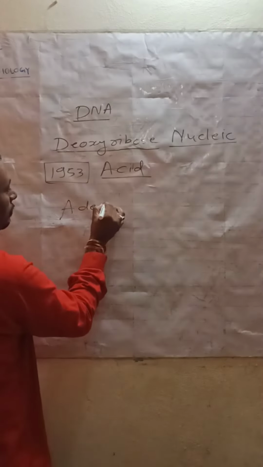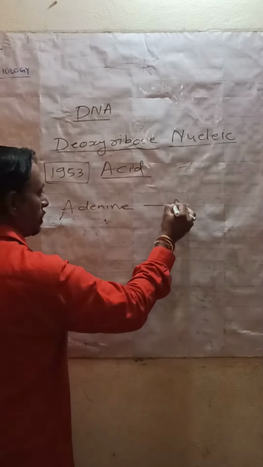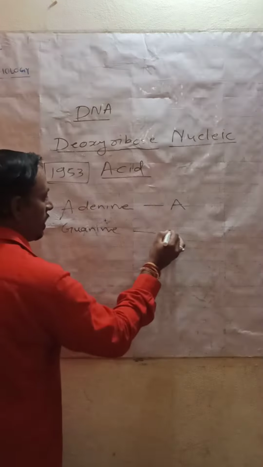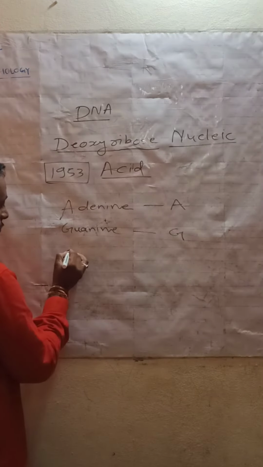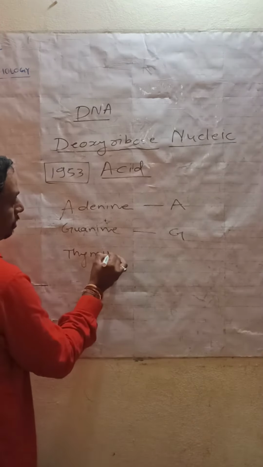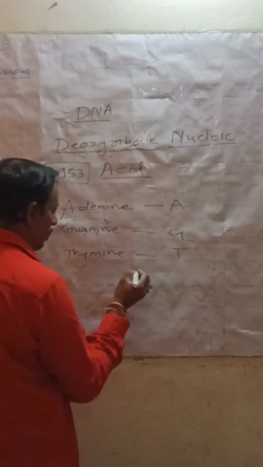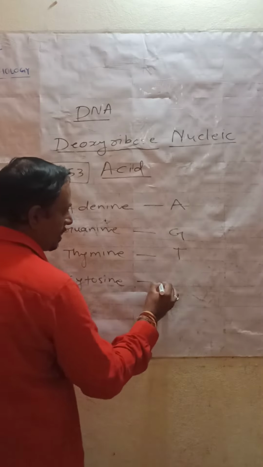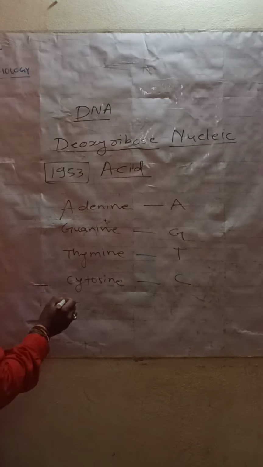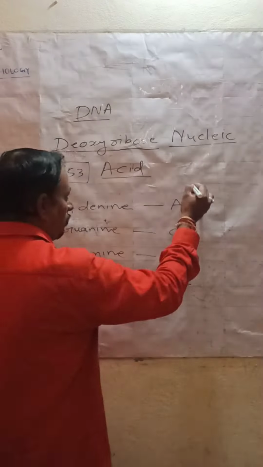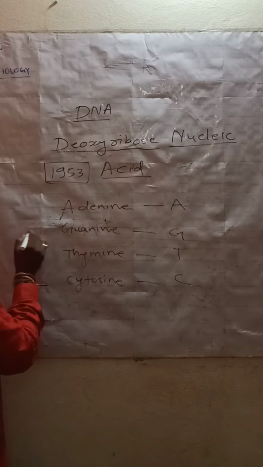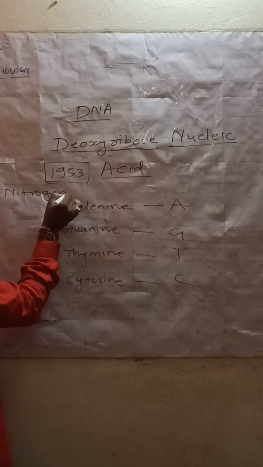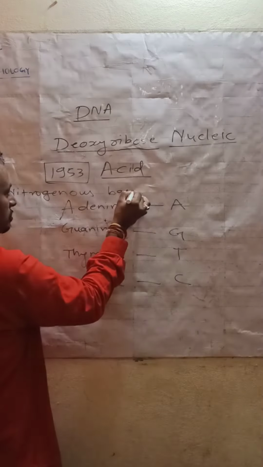Adenine, denoted as A, guanine, denoted as G, thymine, denoted as T, and cytosine, denoted as C. These are 4 nitrogenous bases.